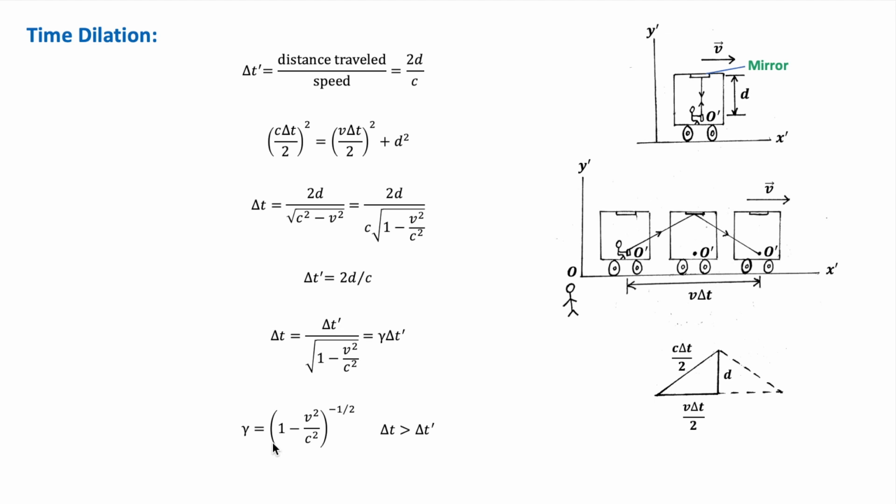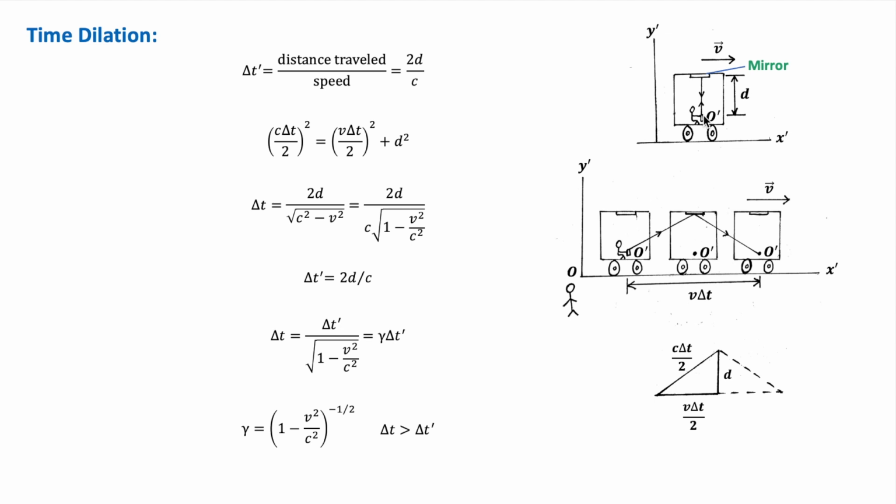This result shows that the time interval delta t measured by an observer moving with respect to the clock, and note here that the pulse round trip represents the clock, or 1 tick, is longer than the time interval delta t' measured by an observer at rest with respect to this clock.